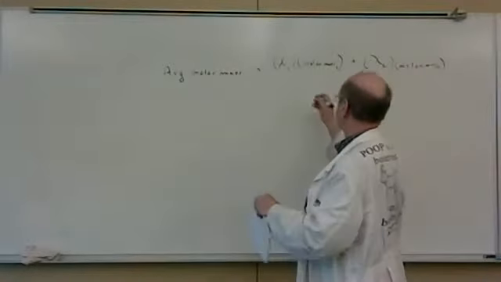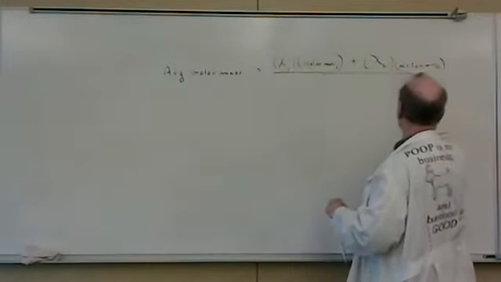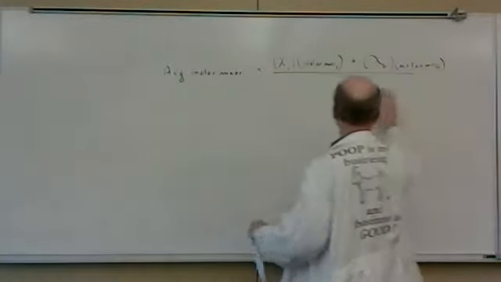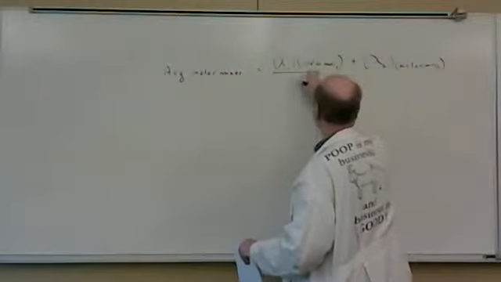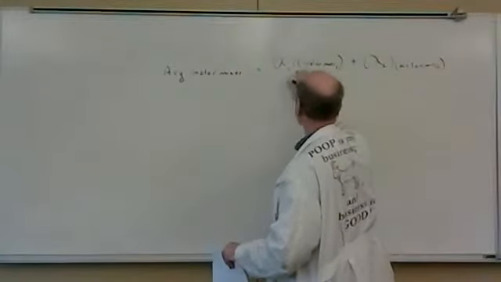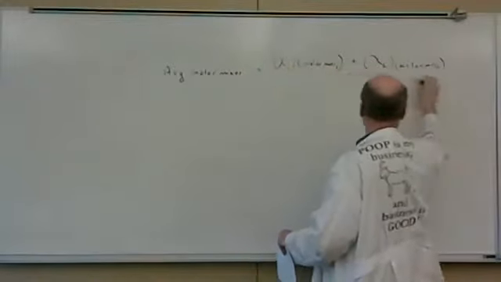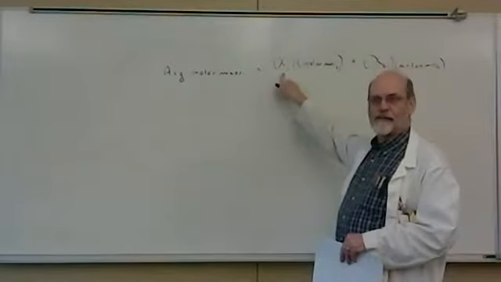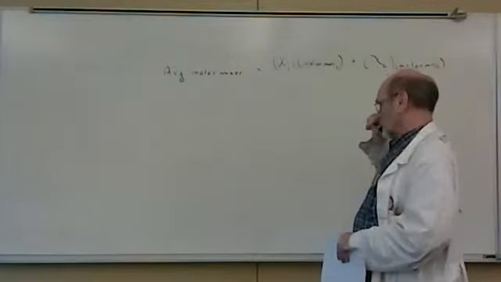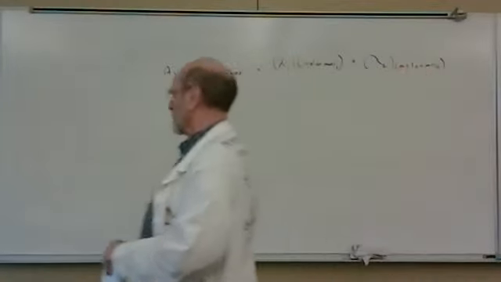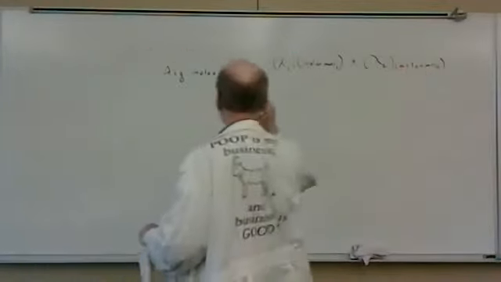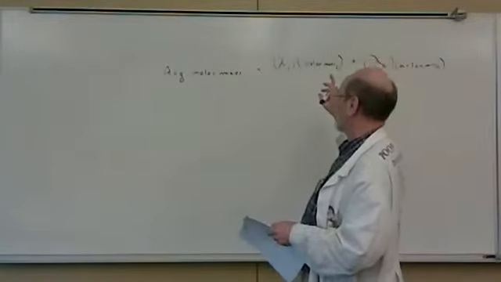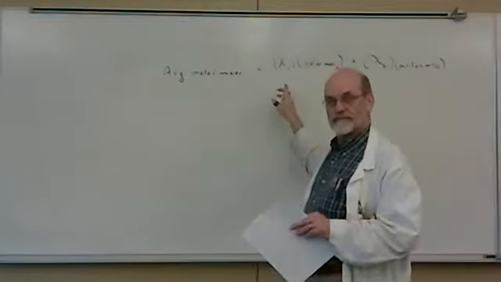Oh, I forgot to divide. No, I don't need to divide. Sorry. Why? Because the divisor is already incorporated in the fraction. So you remember, before we get to the problem, what we did with carbon, right?